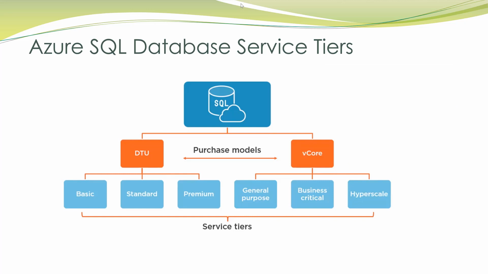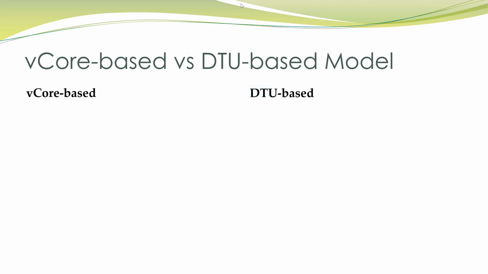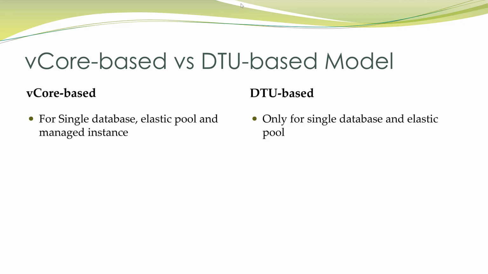So let's compare these two purchasing models in more detail. The VCore-based purchasing model is supported by all three deployment options, including single database, elastic pools, and managed instance. On the other hand, DTU-based purchasing model is only supported by single database and elastic pool.